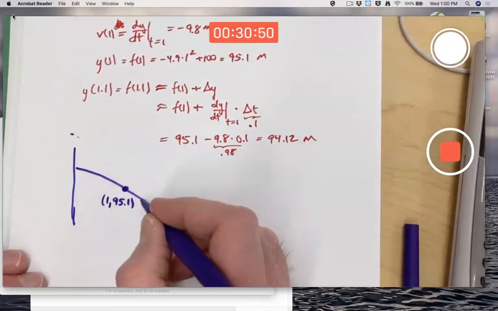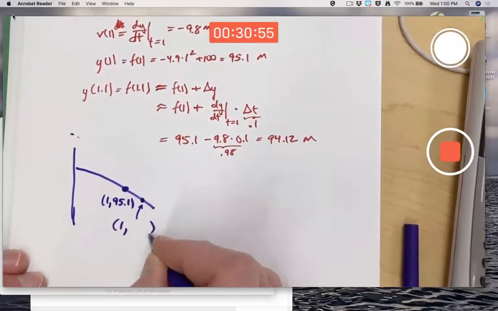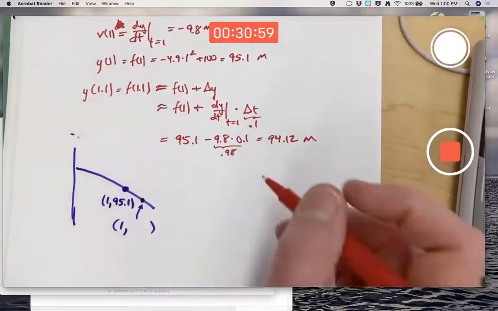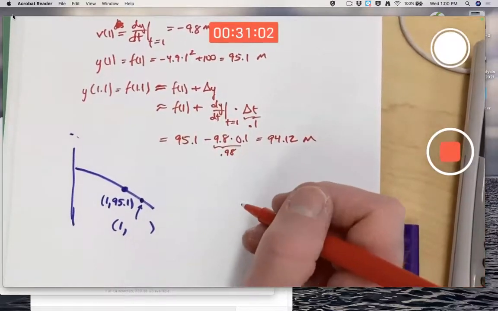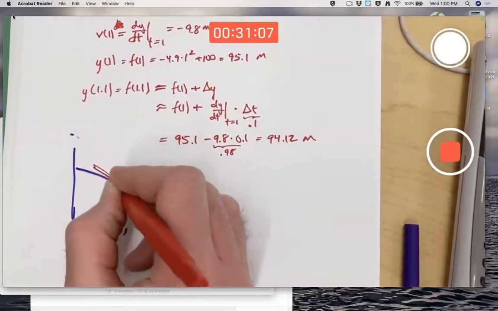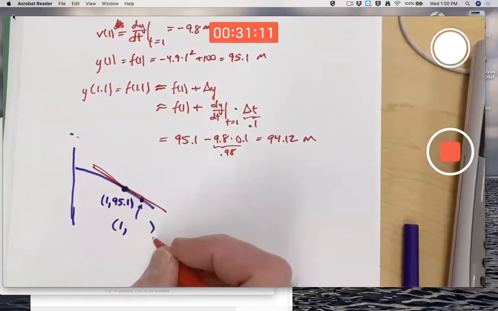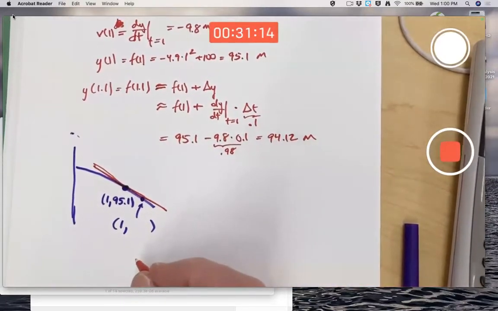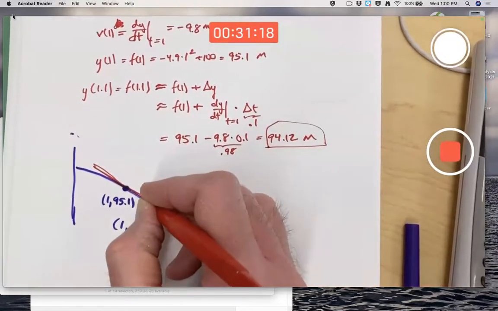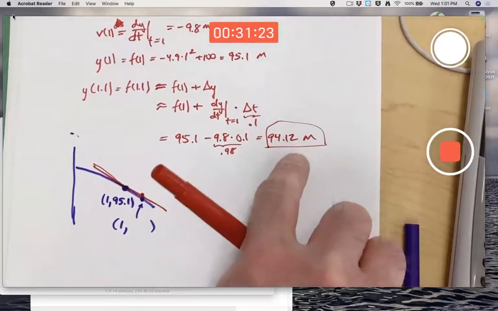We're trying to estimate the second coordinate of this point at 1.1, leave it blank for the moment. We have just used the tangent line to do that approximation. Tangent line looks about like this. Because the graph is concave down, the tangent line is going to be above the graph. And that means the estimate that we get here, which is going to be on the graph of the tangent line, will be above the actual value. The actual height is going to be a little lower than this.